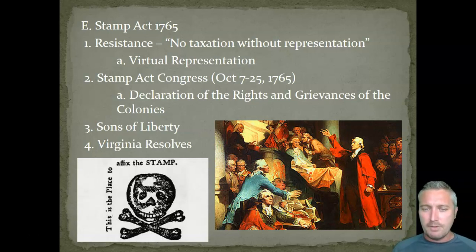But the Virginia Resolves. The legislature in Virginia was called the House of Burgesses. This was their colonial legislative body, so they wrote the rules for Virginia.